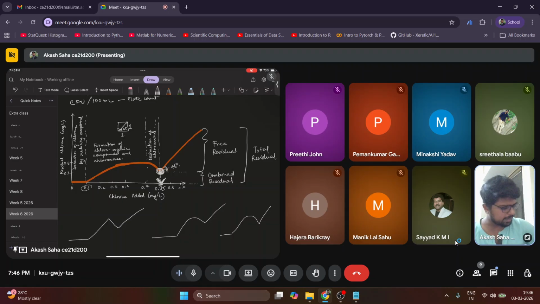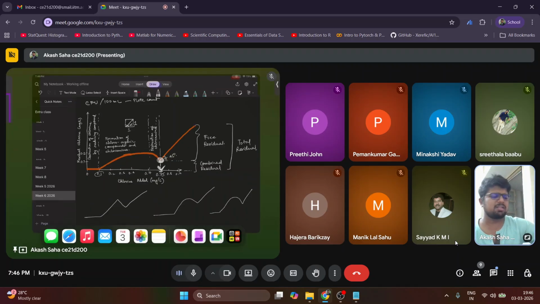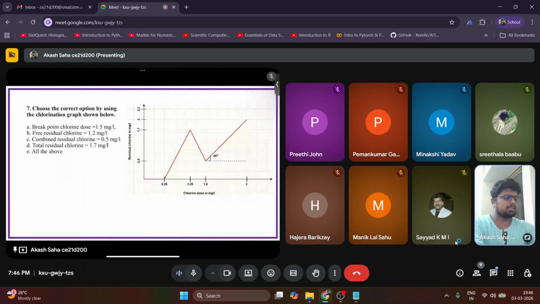If you come back to the question now, here they are giving a simple triangular-shaped trend, but mostly it is not like that. It is not so perfect. So now tell me, what is the breakpoint chlorine dose? Forget whatever is given in the options.